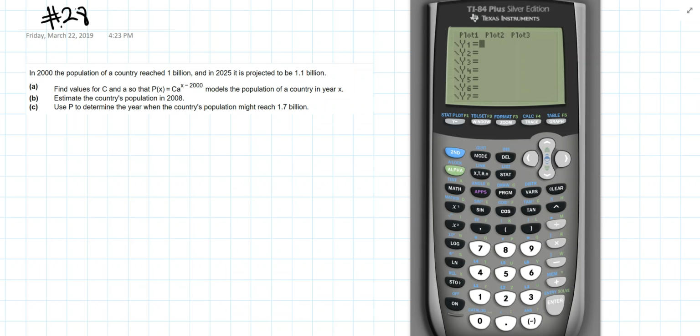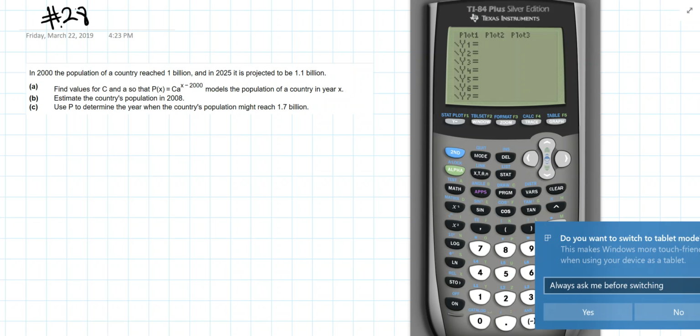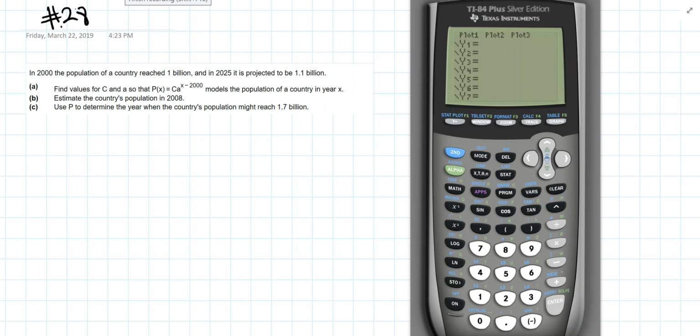All right, so the next problem, number 28, is similar again. You are given that in 2000, the population of a country reached 1 billion, and in 2025, it reached 1.1 billion.